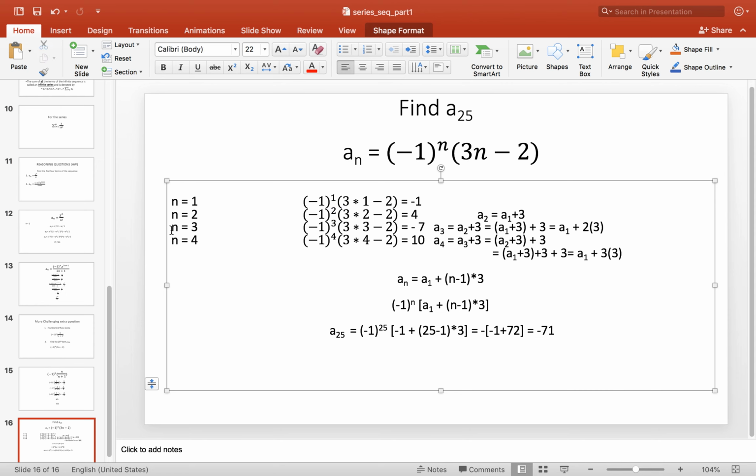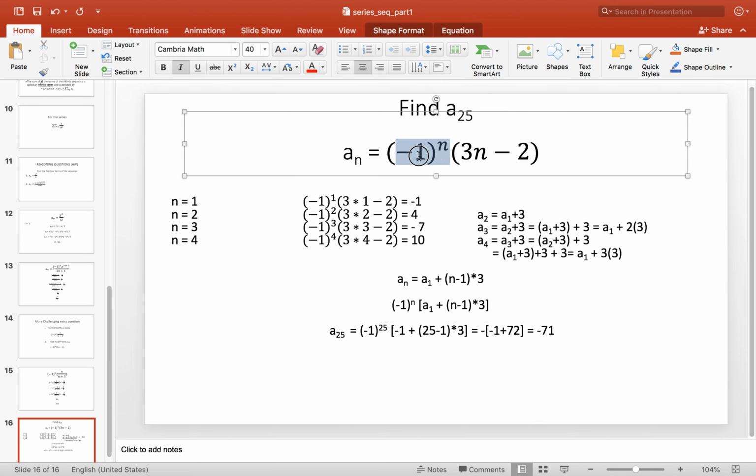Perfect. When n is 3, this is odd again. Plugging in 3, this is odd. That's why it's negative. Whenever n is odd, this whole term evaluates to negative.